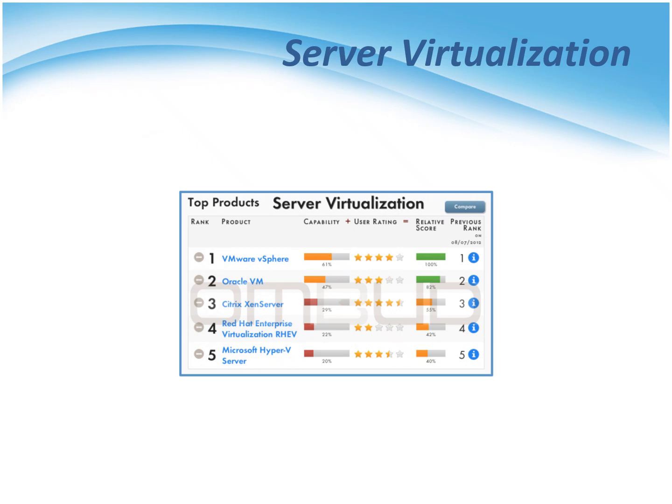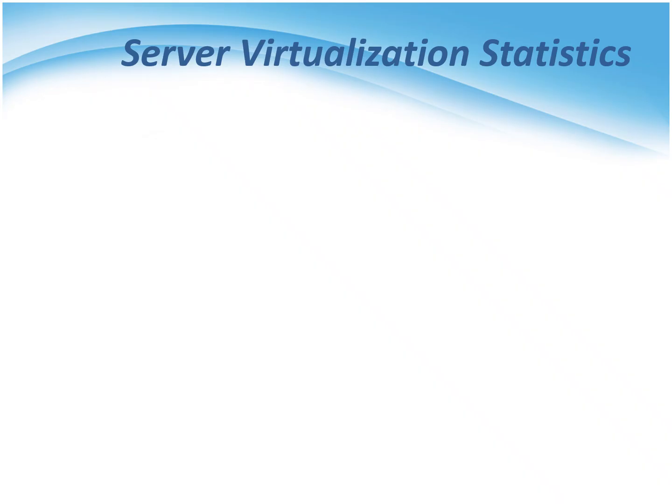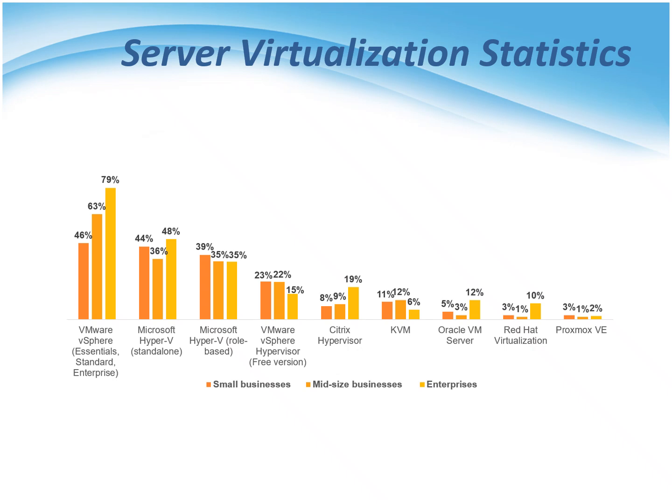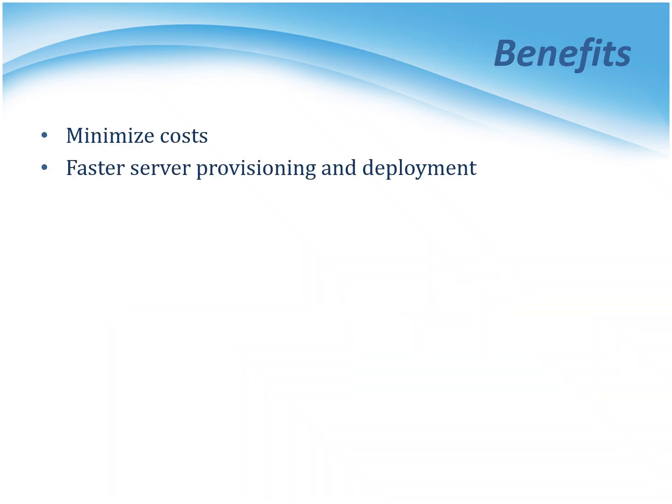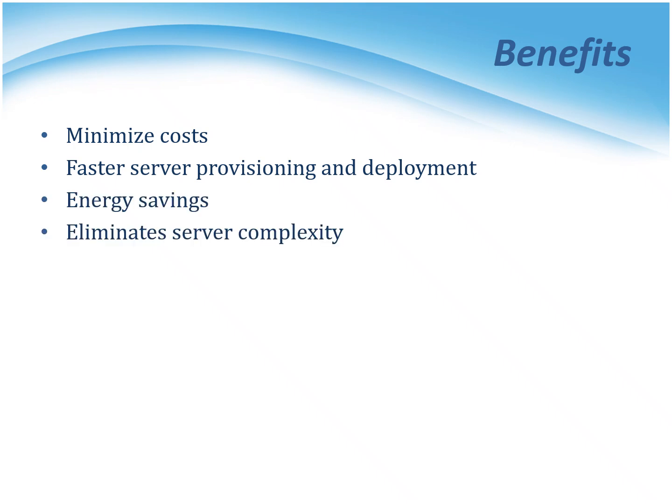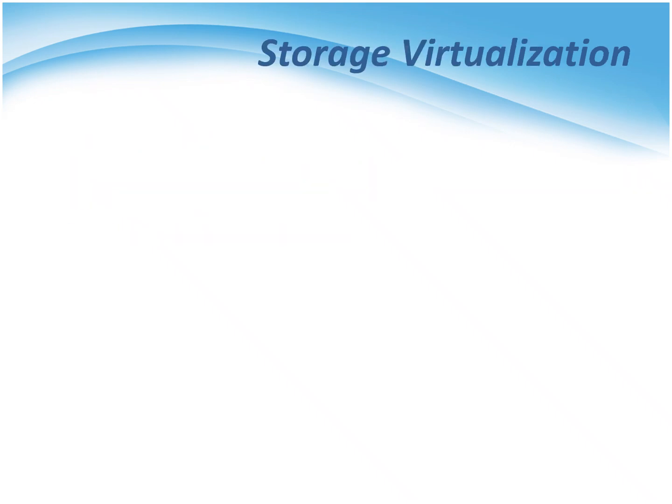These are some top products used for server virtualization. These statistics keep increasing. Small businesses and mid-size enterprises are also using server virtualization. Benefits: minimize cost, faster server provisioning and deployment, energy saving, eliminate server complexity.